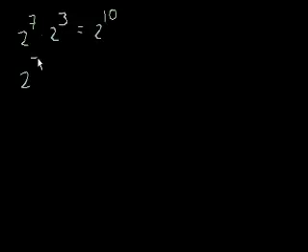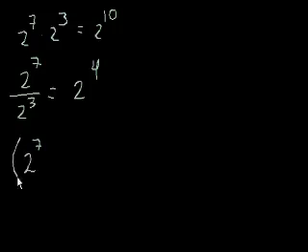If I have 2 to the 7th times 2 to the 3rd, well, then I can add the exponents to get 2 to the 10th. If I have 2 to the 7 over 2 to the 3rd, well, here I subtract the exponents, and I get 2 to the 4th. If I have 2 to the 7th to the 3rd power, well, here I multiply the exponents.